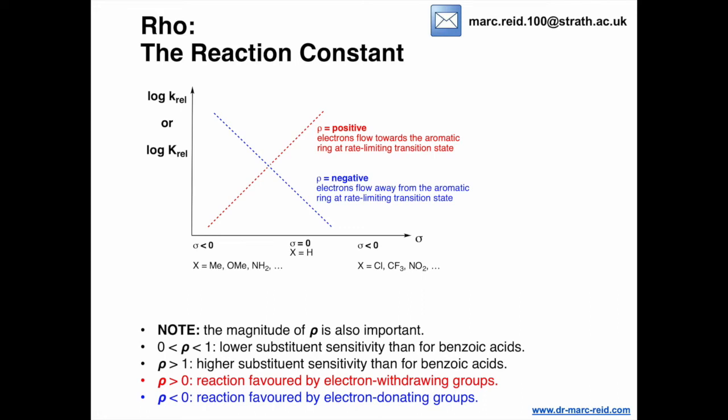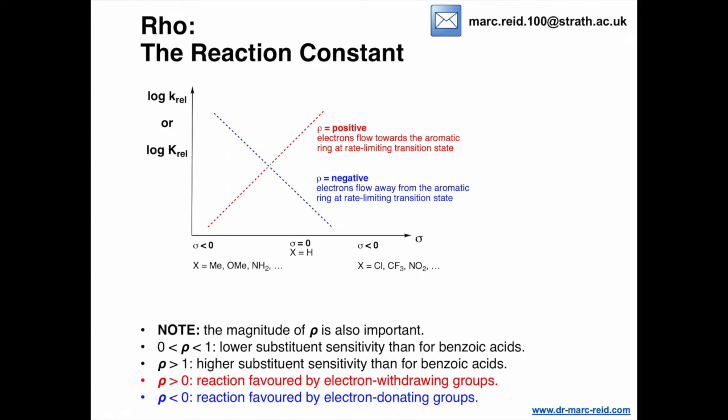Firstly, the magnitude of the reaction constant, ρ, is important, not just the direction of the line itself. If ρ is between 0 and 1, we infer that the substituent sensitivity for the reaction plotted on the y-axis is lower than the substituent sensitivity for the deprotonation of benzoic acids, the standard reference process for the x-axis in Hammett relationships.